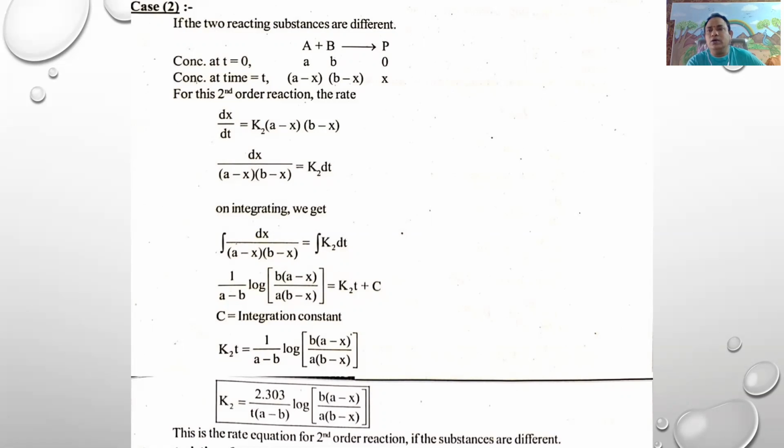The first case is when two similar reactants participate: k2 equals 1 by t into x by a(a minus x). The second case is when two different reactants participate: k2 equals 2.303 by t(a minus b) log of b(a minus x) by a(b minus x).